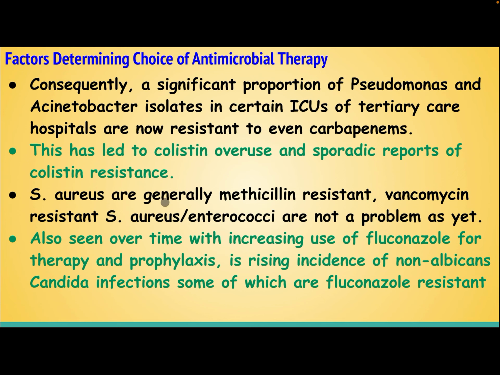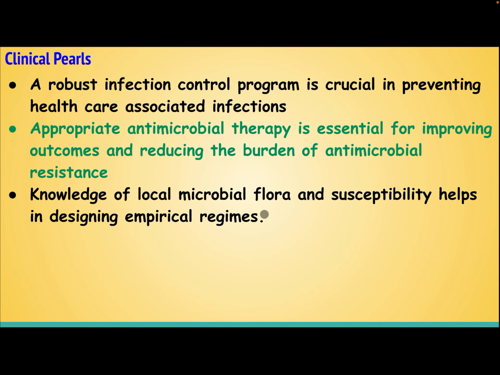Staph aureus are generally methicillin resistant; vancomycin-resistant Staph aureus and Enterococci are not a problem as yet. Also seen over time, with the increasing use of fluconazole for therapy and prophylaxis, is a rising incidence of non-albicans Candida infection, some of which are fluconazole resistant.